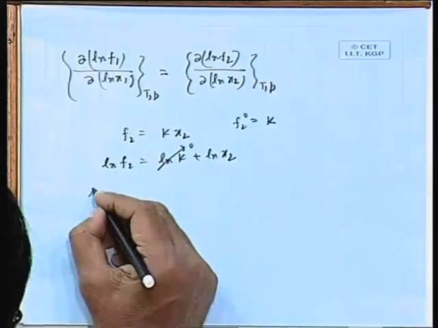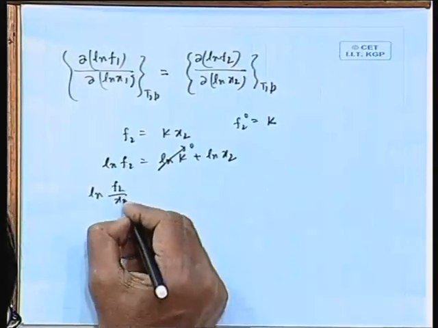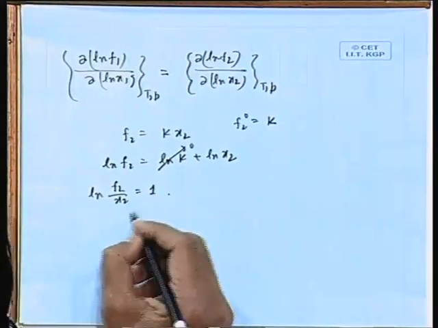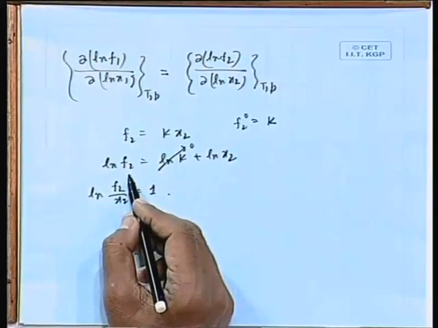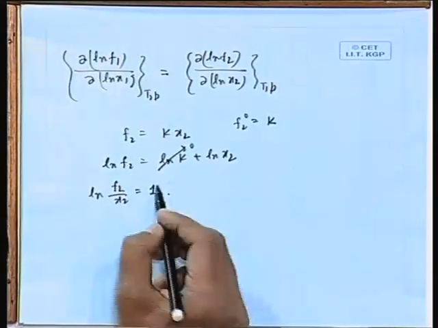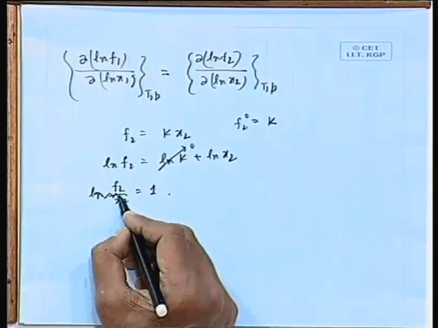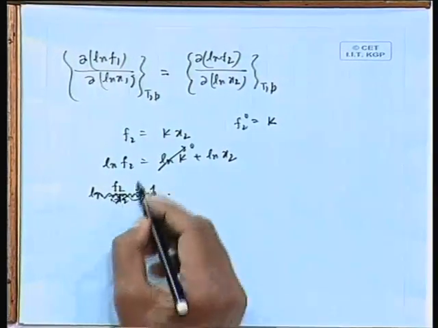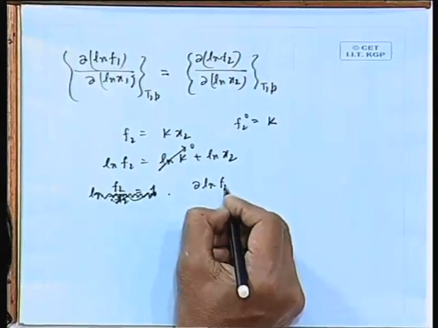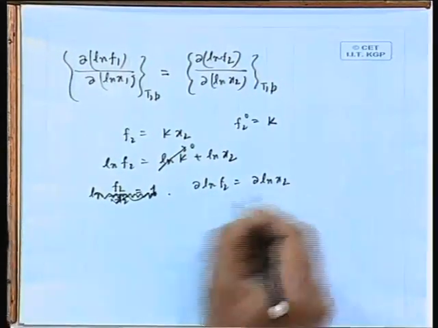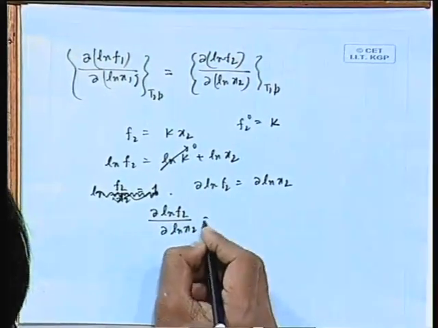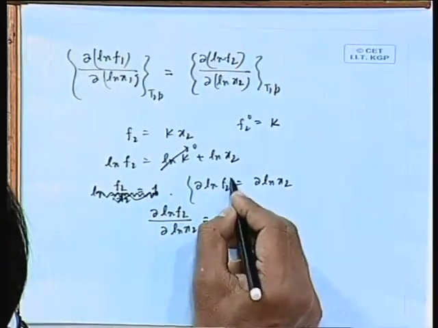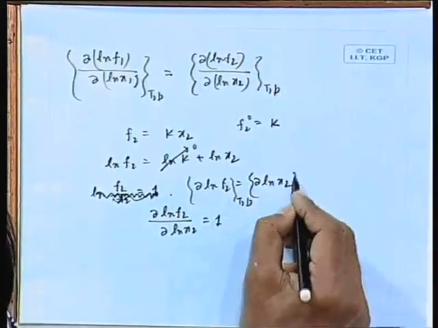So therefore, del ln F2 by del ln X2 is 1. This is at constant T and P.